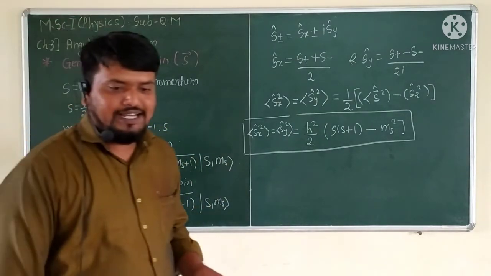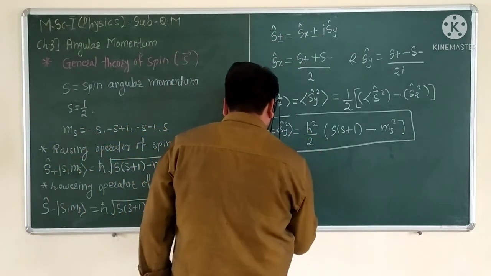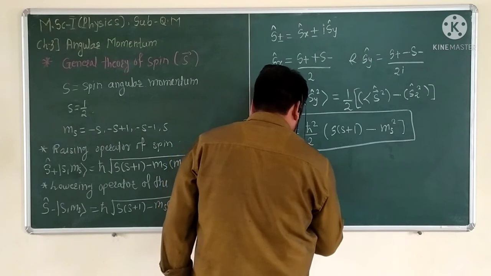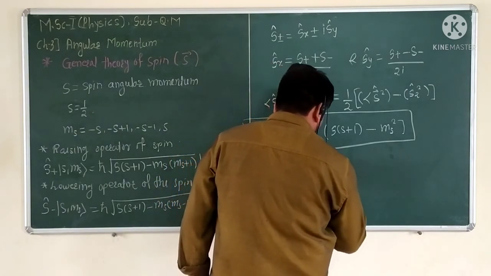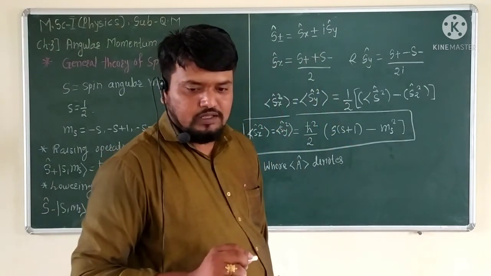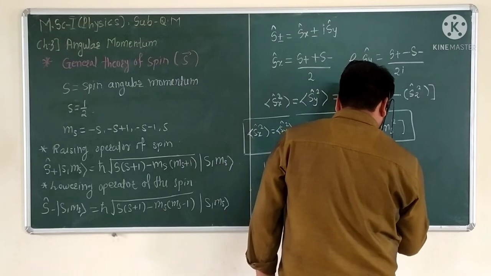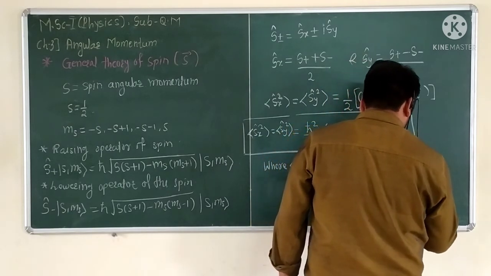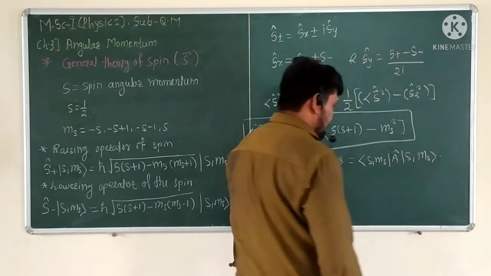Where the expectation of A cap denotes S ms, which is the A cap operating on spin and the third component of spin, that is nothing but the ms value.